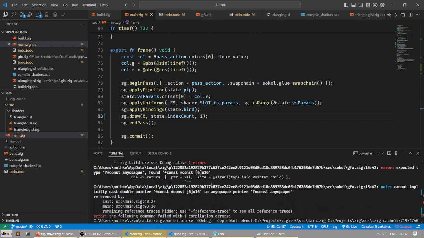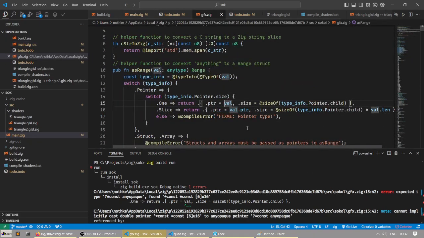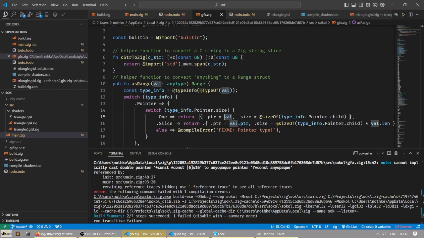No, it doesn't work. What does it say? Size, value size. Oh yeah, expected type const any opaque found 16. Aha, okay. So yes, this one takes a number of elements as U32. No, this is probably another problem. Wait, where is the problem?